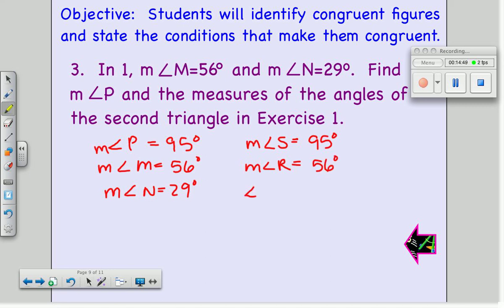And the measure of angle T is equal to the measure of angle N, so that's 29 degrees, showing that they're all equal.